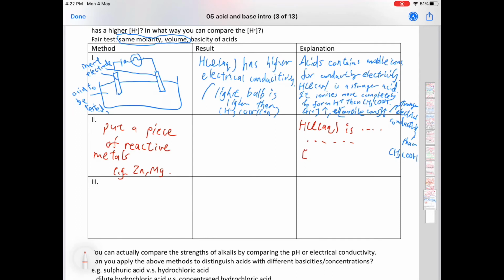Then what happens to the H+ concentration in HCl? It should be higher. And finally, what will happen if the molarity is higher? Then the rate of reaction will also be higher.